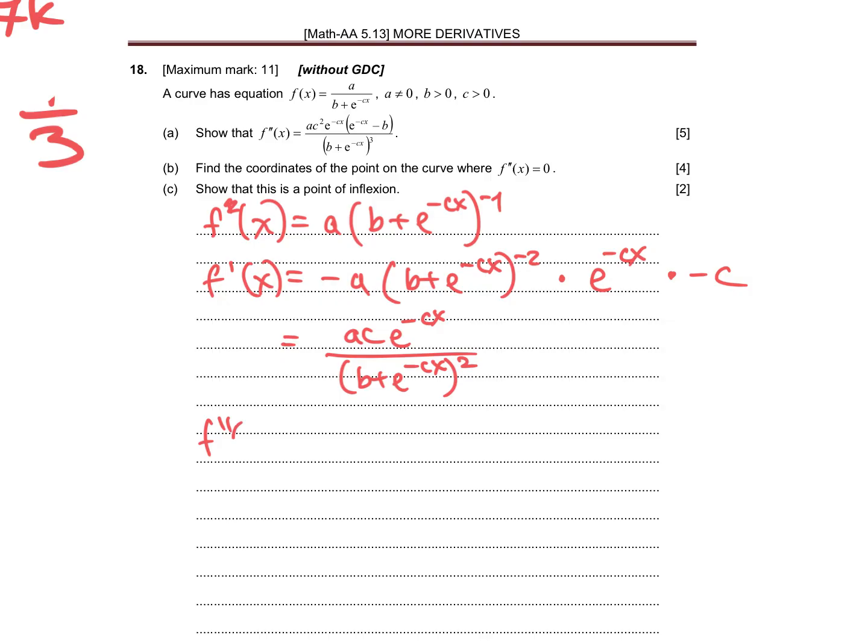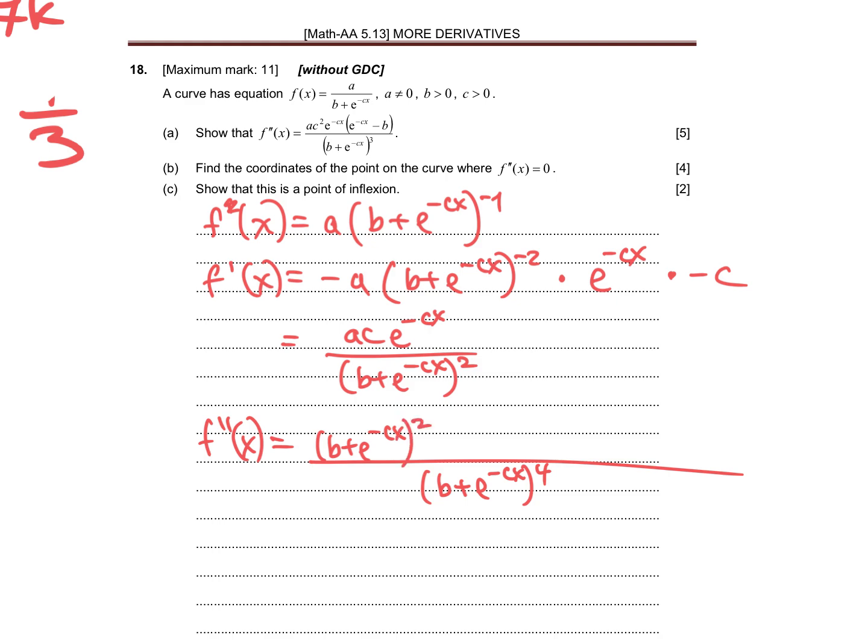Second derivative, quotient rule. So b plus e to the negative cx squared squared is fourth, and b plus e to the negative cx squared.